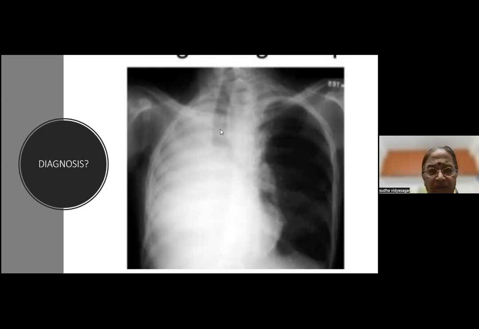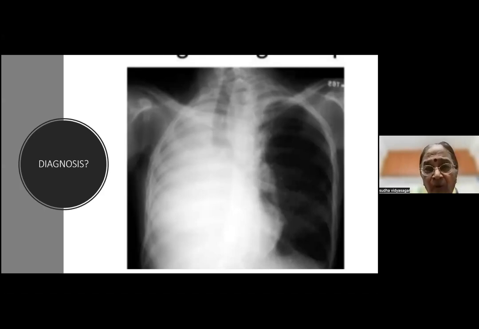Of course, it's totally rotated, but you would apply that if everything else is normal and you can't understand what is happening. If you attribute this tracheal shift to the rotation, then you can't explain this shadow. Part of the shadow, especially in the lower part, could be the heart, because the heart is here. So some part of the heart must be here, so it's definitely pulled. The heart is pulled, the trachea is pulled. Homogeneous opacity, right side. So the diagnosis is right-sided collapse.